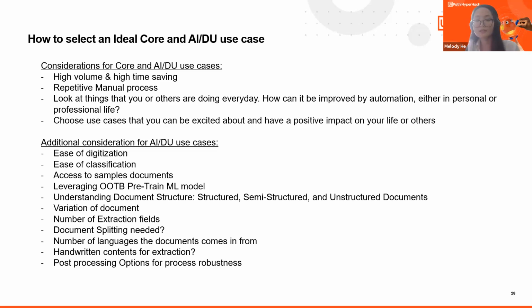Then understand your document structure when you're picking your use case, such as structured, semi-structured, or unstructured documents. It goes from easy to hard mode across those document types. Anything that's structured, for example a W9 or any kind of form that does not change or vary, is considered a structured document that you can handle with the form extractor.